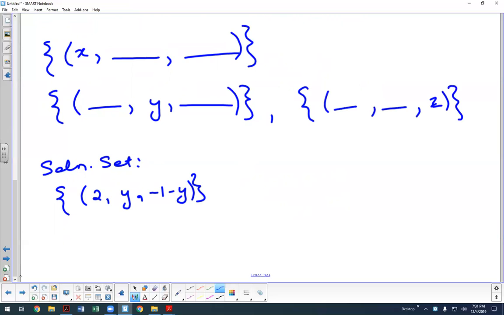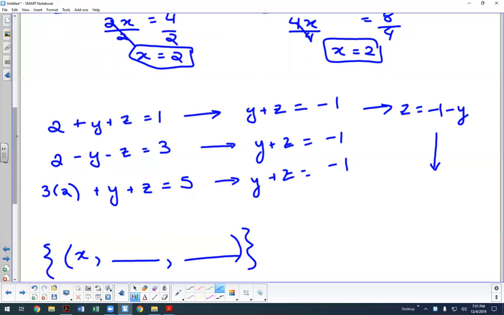A lot of times they actually tell you which variable they want you to solve the other ones for. If they ask us to write this in terms of z, that means we write the variable z as it is and solve this relationship here for z, which means you want to get y by itself, which will end up giving us -1 minus z.